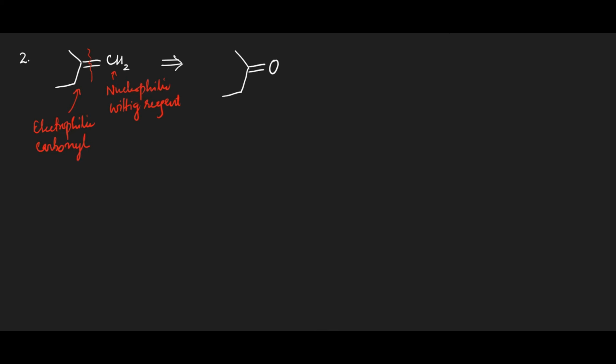Now consider possibility 2. Across the double bond, the right side methylene can be shown to be contributed by the nucleophilic Wittig reagent, whereas the left side comes from the electrophilic carbonyl. Thus accordingly, we can write the corresponding ketone and Wittig reagent.